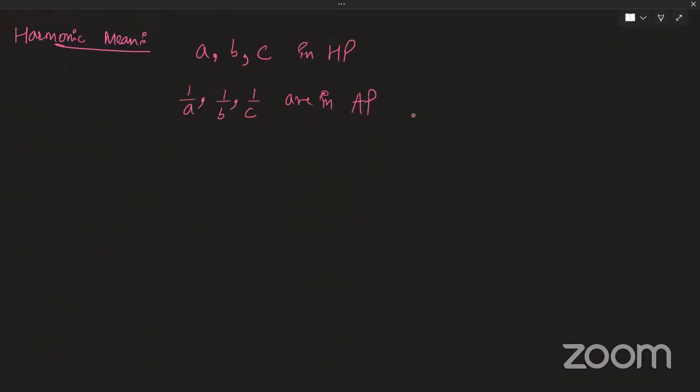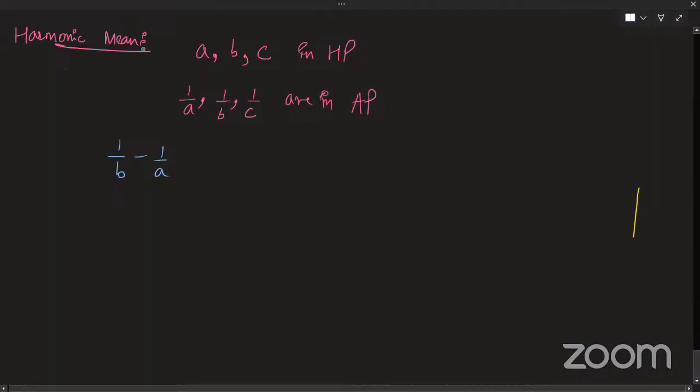So if 1 by A, 1 by B, and 1 by C are in AP, can I establish a relationship between A, B, and C? I can say that 1 by B minus 1 by A is equal to 1 by C minus 1 by B. Can I say this? Common difference, yes.